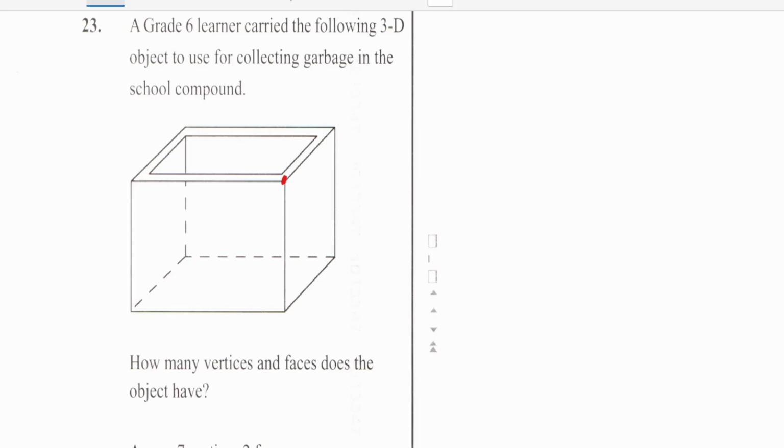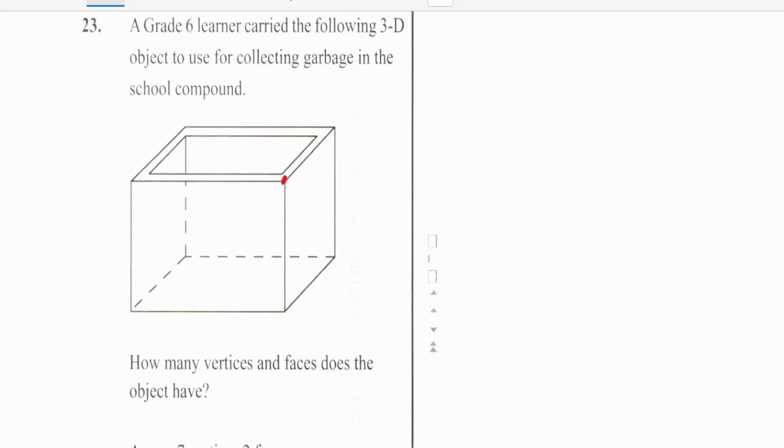So let's see how many vertices it has. But now it seems that, if you look at it, I'm not sure. It looks like a vertex and also is a 3D object. So I don't know how to say it's at the top. So how do you ensure that that one is at the top?